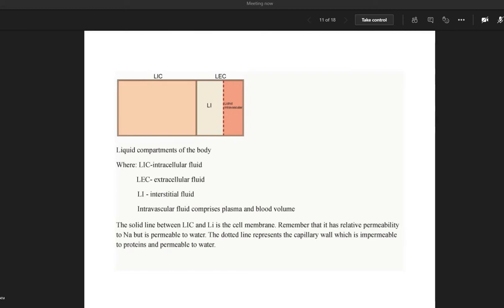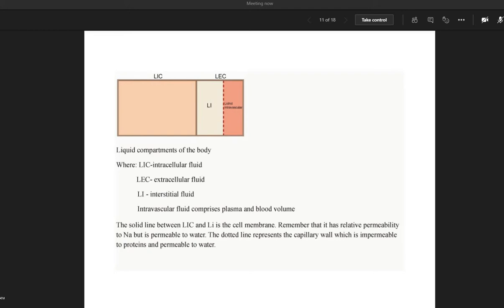Okay, we have this large area, intracellular compartment, and this line here, this double line, the black one, literally simulates the cellular membrane. Okay, cellular membrane.